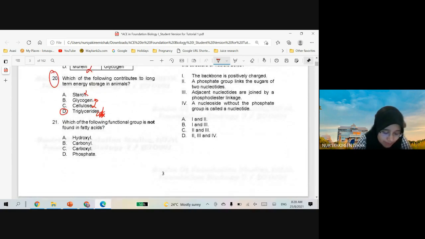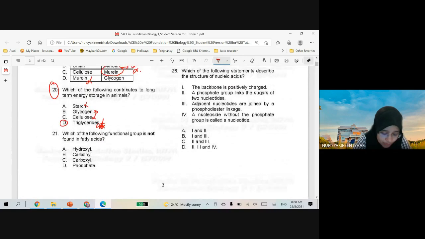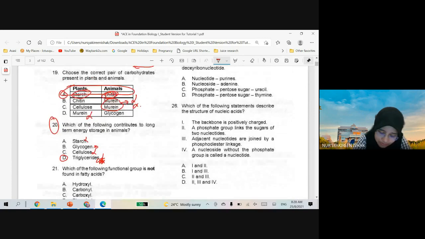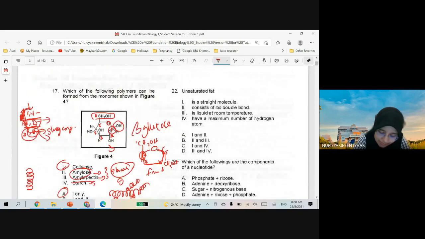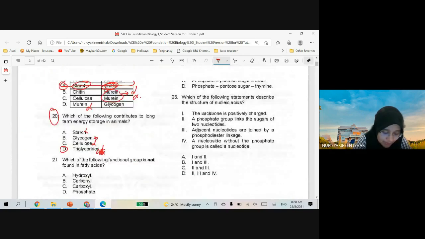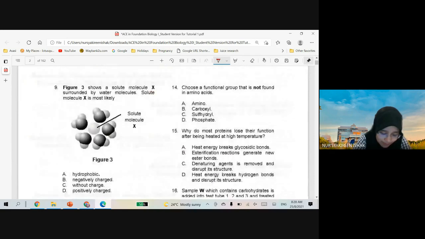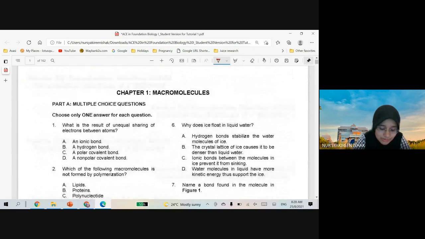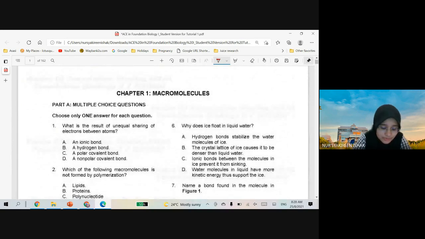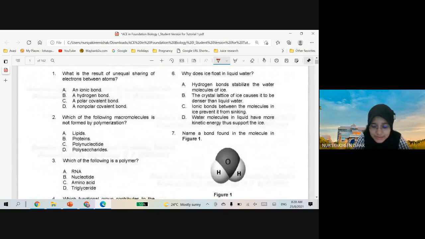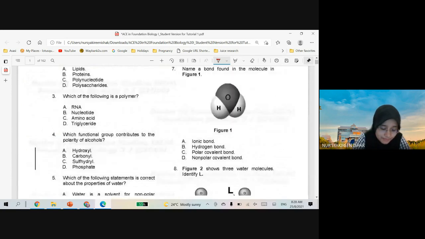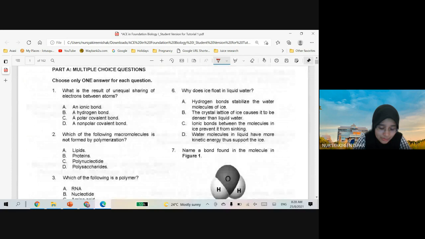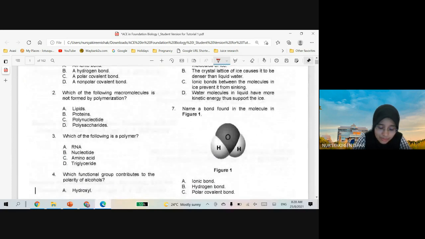Okay. Number 21. Which of the following functional group is not found in fatty acids? Jadi dah masuk soalan fatty acid, dah masuk soalan lemak ni kan. So tengok dia punya flow dia. Kalau inilah flow dalam soalan exam, kalau dalam macromolecules, dia akan tanya pasal first chapter, first content of the chapter, so dia akan tanya pasal bonds.